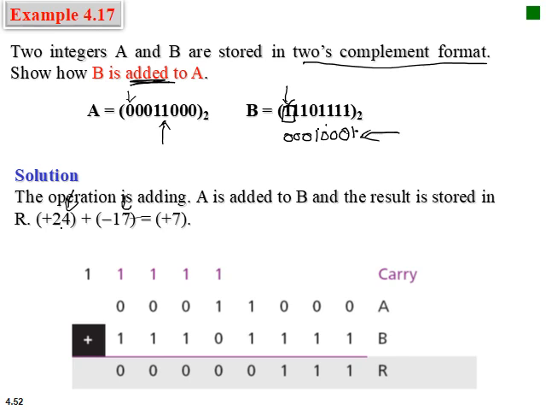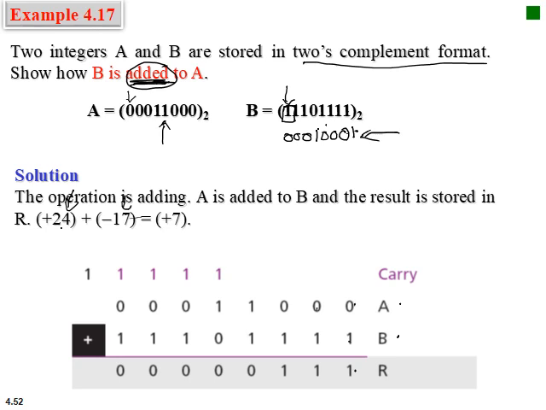Because this is in 2's complement, we simply take the two values A and B and add them bit by bit, because it was addition. Alright, so no other conversion necessary. We take the positive number A, we take the negative number B, and we add them bit by bit, because the operation was addition. So we do that bit by bit.